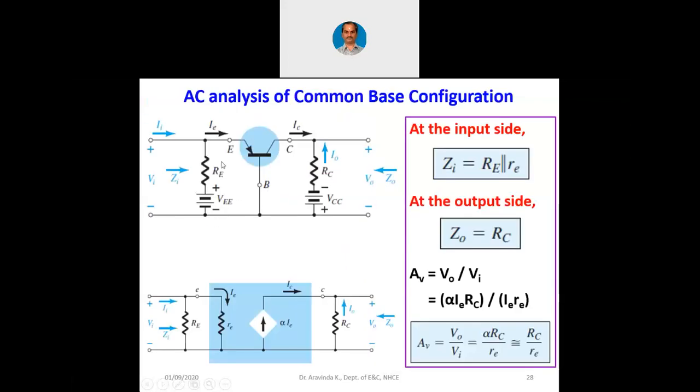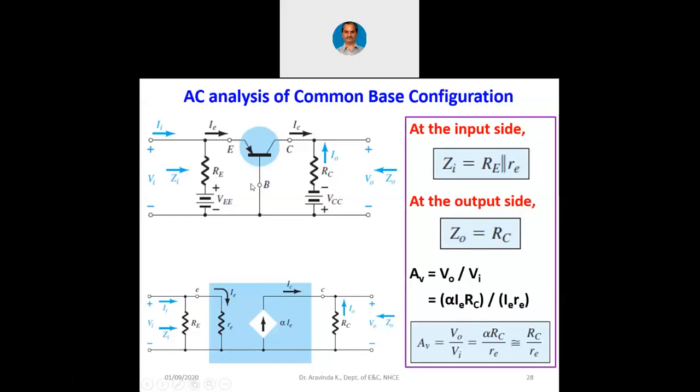Here you can see that emitter is connected to plus of the VEE and collector is connected to minus of the VCC. Later on, minus of the VEE and plus of the VCC are connected together. This itself we call ground. So, this has to be the direction of the power supplies.